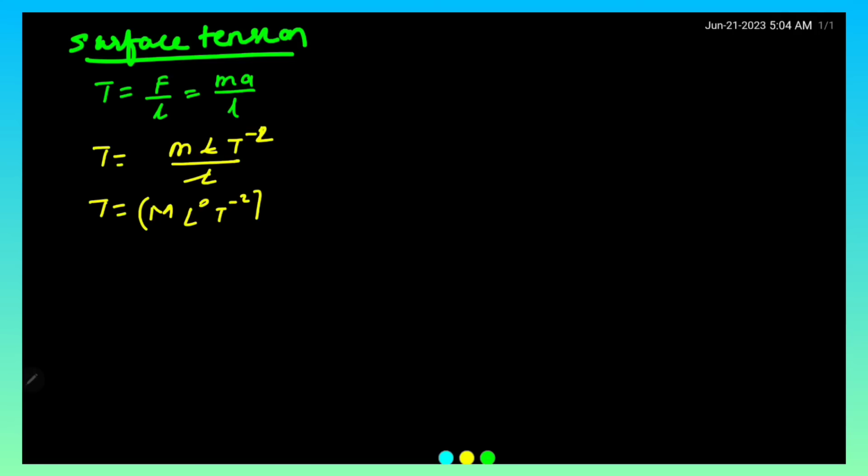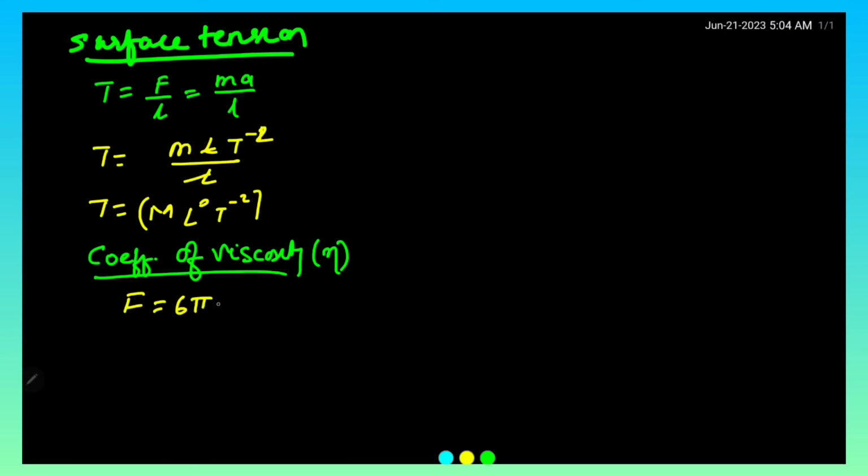Next, we shall discuss the dimensional formula for coefficient of viscosity. Okay, so how can you find out the dimensional formula for coefficient of viscosity? It's very simple, we know the formula F is equal to 6 pi eta r v.